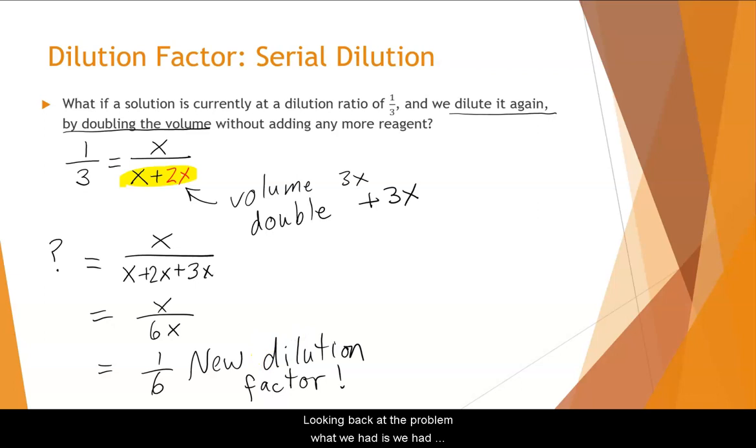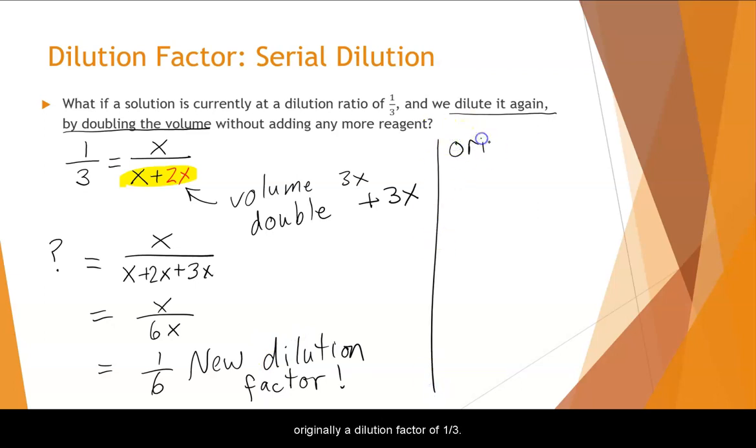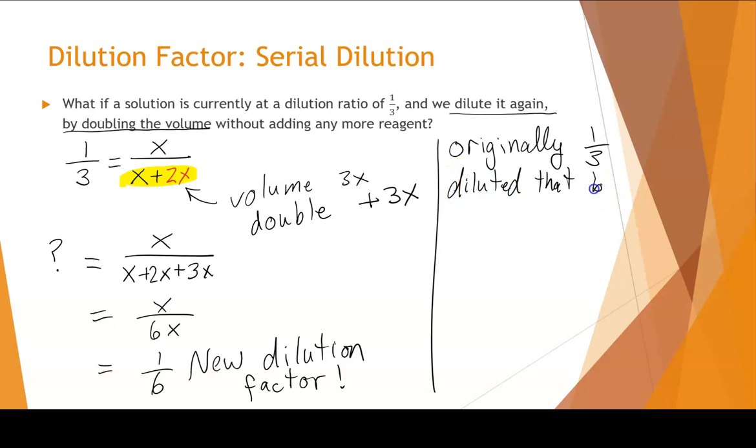Looking back at the problem, what we had is we had originally a dilution factor of 1/3, and then we diluted that by 1/2. Can you see how we would take 1/3, 1/2, and end up with 1/6? I hope so. Pause the video if you need to find out.